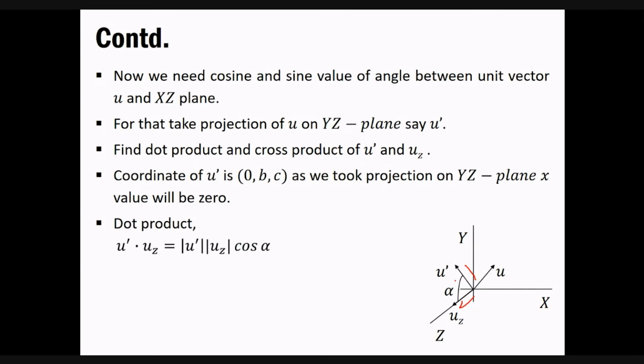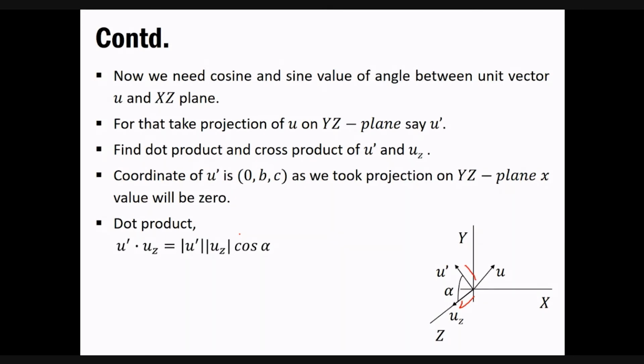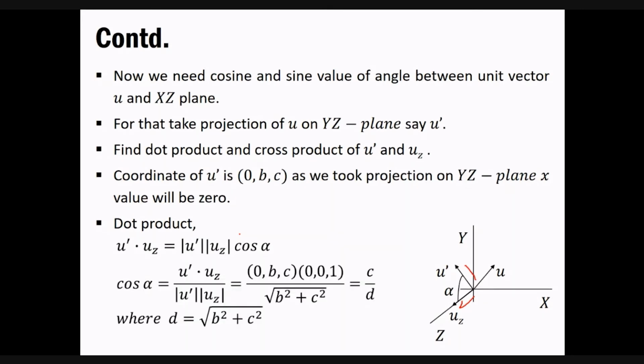Now, as per the dot product formula, if you are taking the dot product of u dash and uz, then you would be getting this thing, that is the absolute value of u dash and uz and cos alpha. This is nothing but a standard formula that you already have in mathematics. Keeping cos alpha as the subject, what we want is this information.